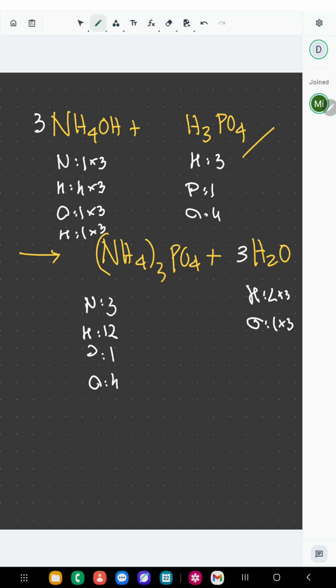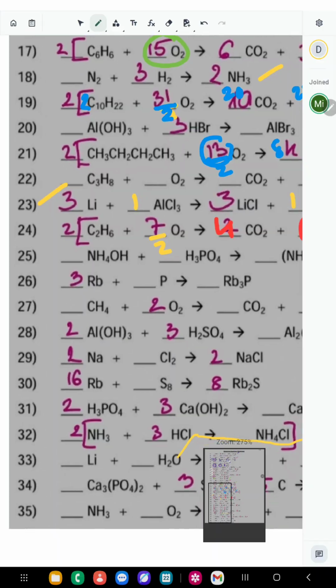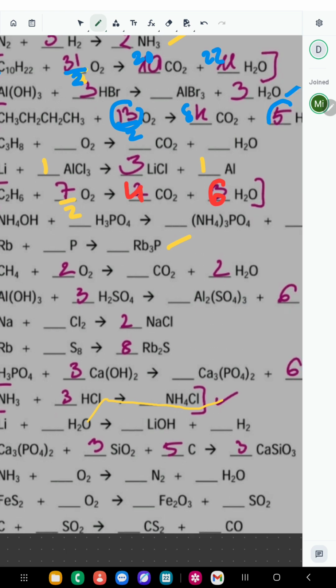Easy. But I sent you a lot for you to practice. How about the next one? 26. That is 3 Rb. Okay, this one is correct. Rubidium, then methane. 27. 2O2.